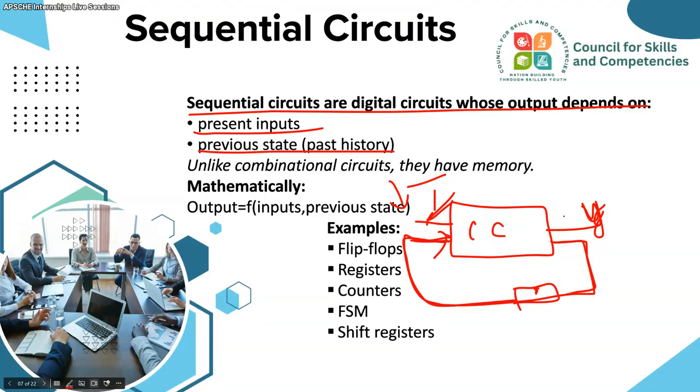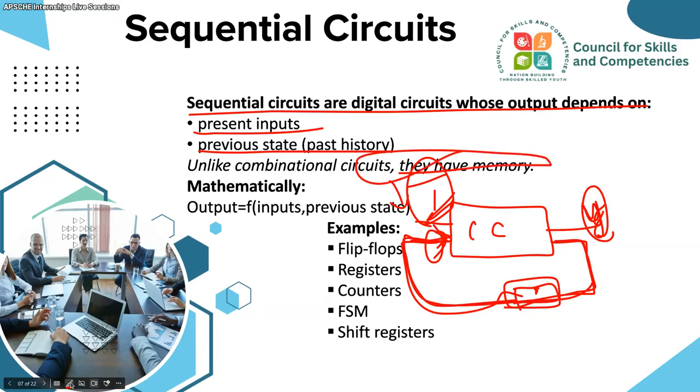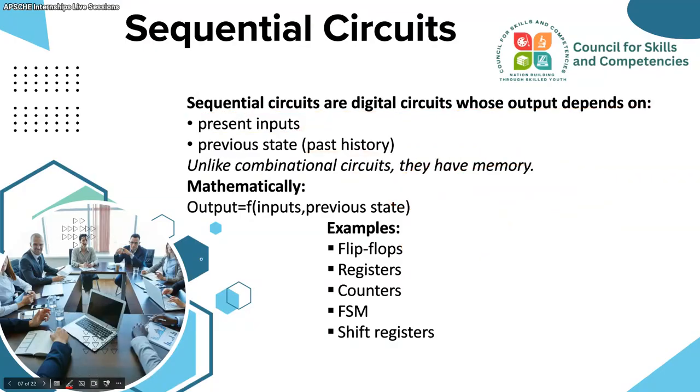So previously you get one output, and it is stored. So you need some storage element, and we put it in there. The output depends on the present input and the past history, the previous state. That means they have memory.